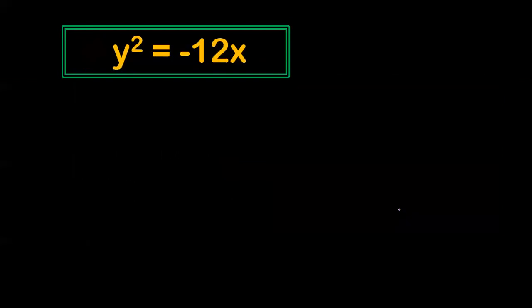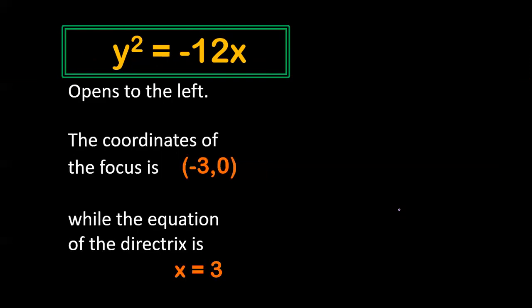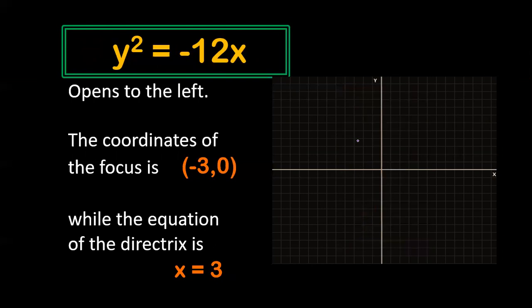Now, example, y squared is equal to negative 12x. So it opens to the left. The coordinates of the focus is at (negative 3, 0), and your directrix is x is equal to 3.